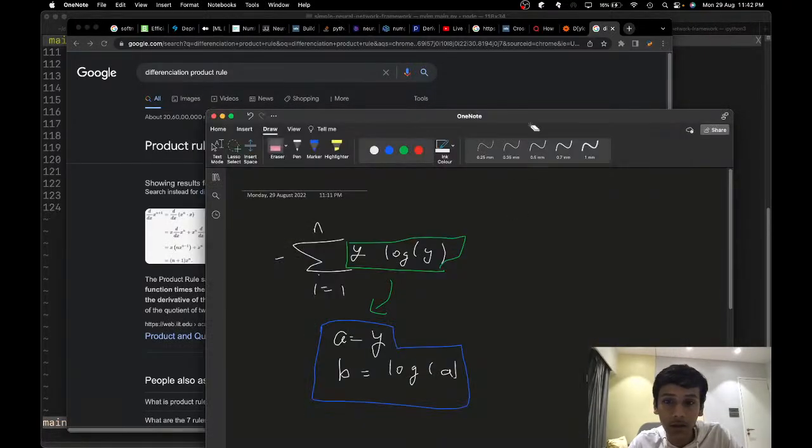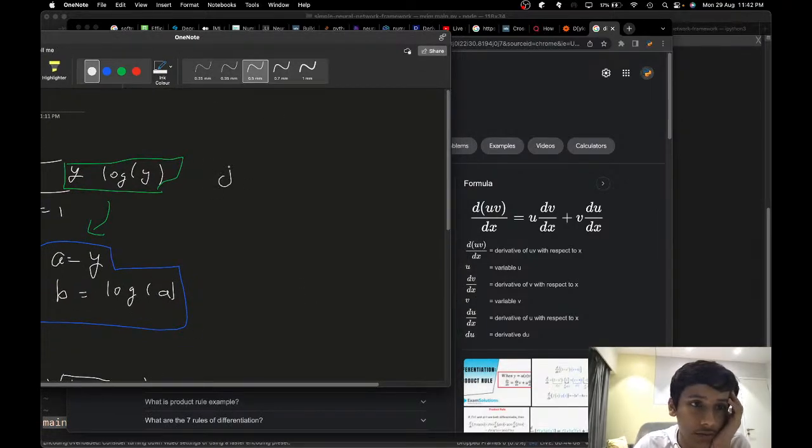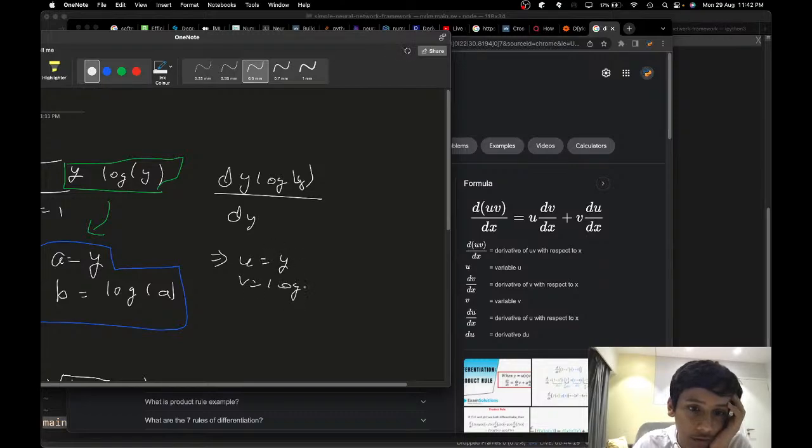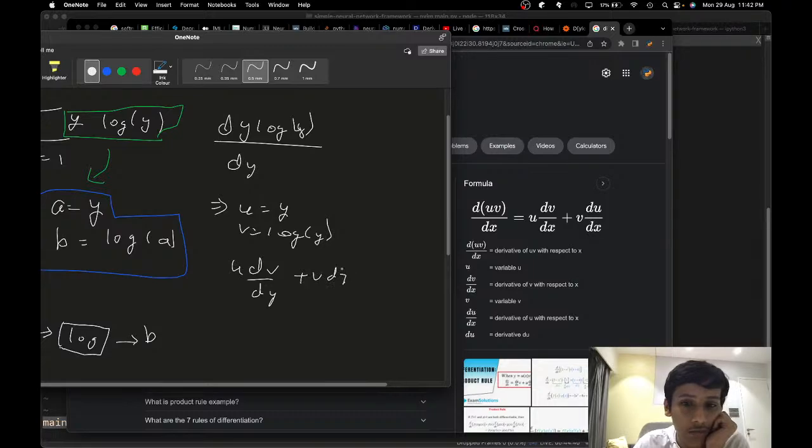Alright, so if we are doing d of y log y over dy, if we set u to be y and v to be log y, the answer to this is gonna be u dv/dy plus v du/dy.